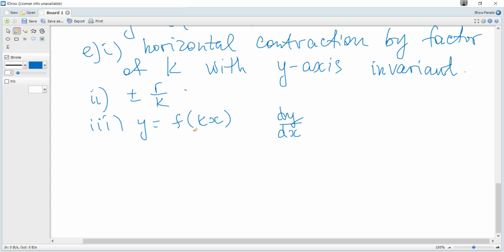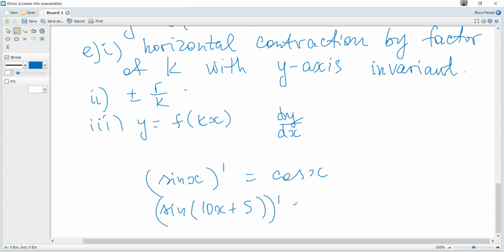You may substitute kx for x and calculate the derivative, but it's not necessary, because if we know the derivative of a function, for example sine x has derivative cosine, and we consider a function of ax plus b, for example sine of 10x plus 5, we apply the same formula.